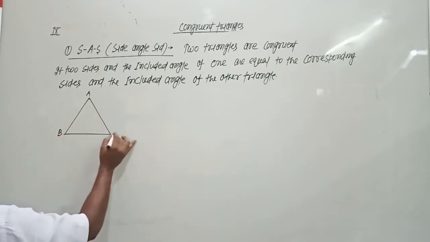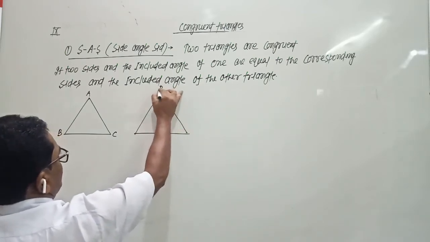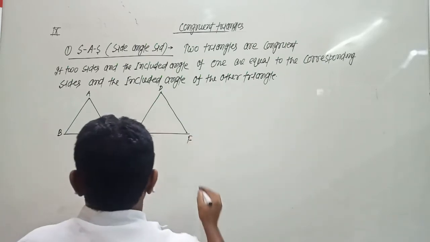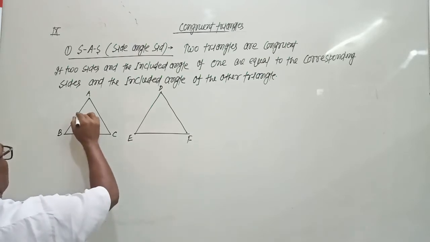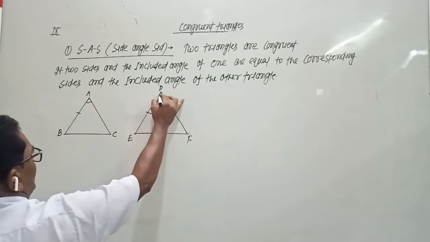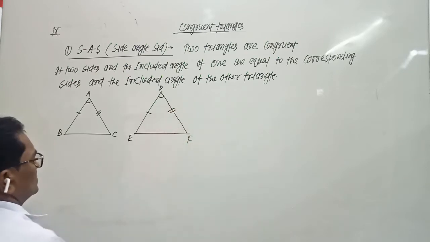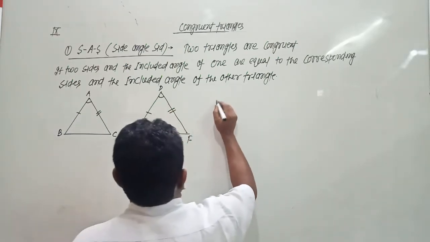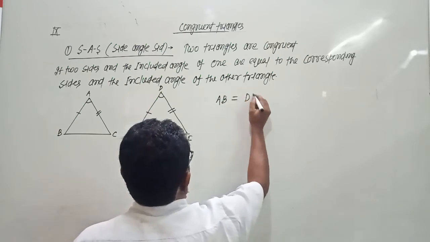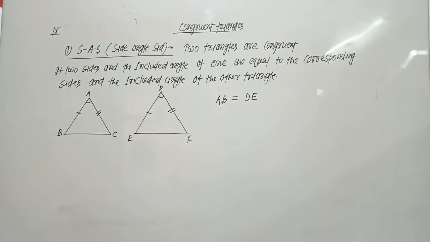There are two triangles ABC and triangle DEF. So if side AB equals side DE, angle A equals angle D, and side AC equals side DF.